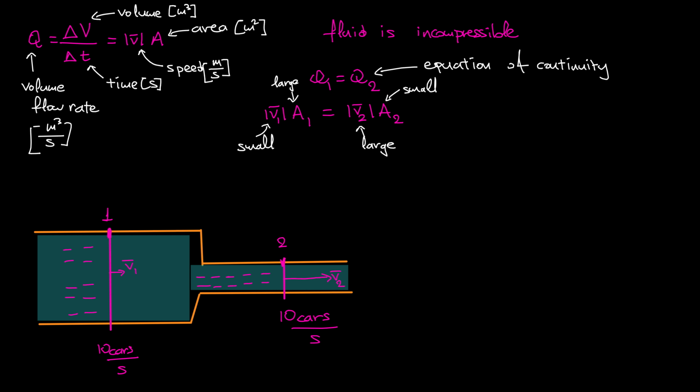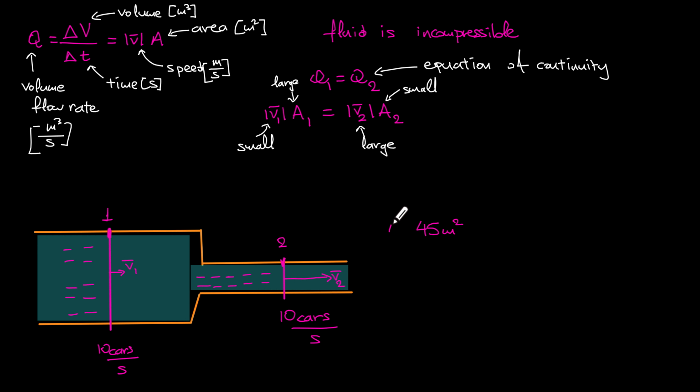Now, an example can be if you're given the speed at 1 and the area at 1, and you're given the area at point 2, then you can find the speed at 2. Let's say this is taking place on the ground, and you have a small river with a cross-sectional area of 45 meters squared.